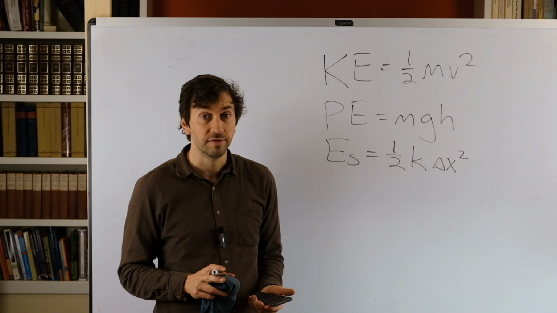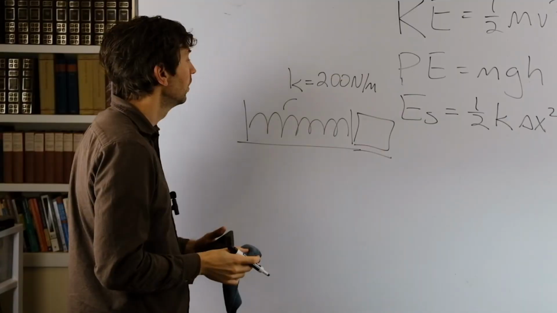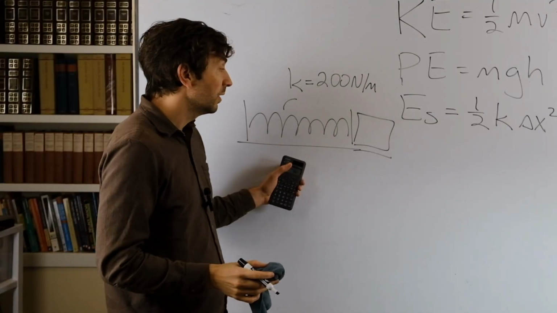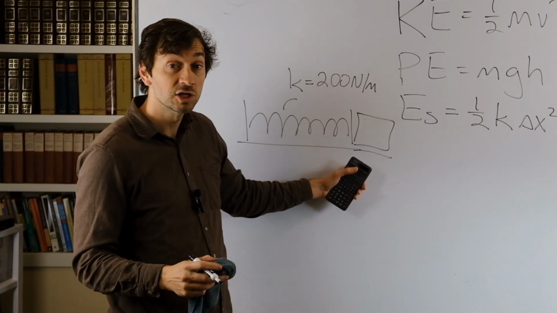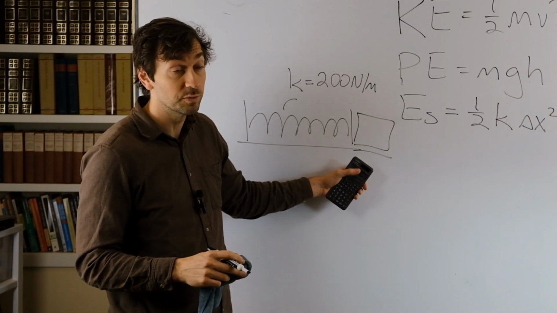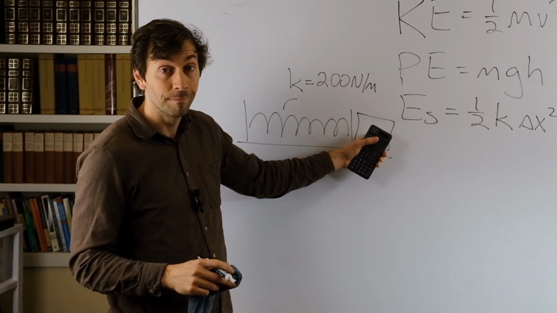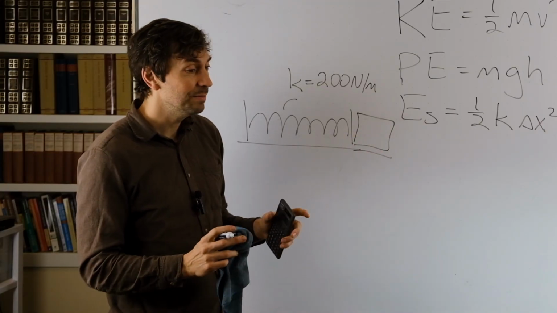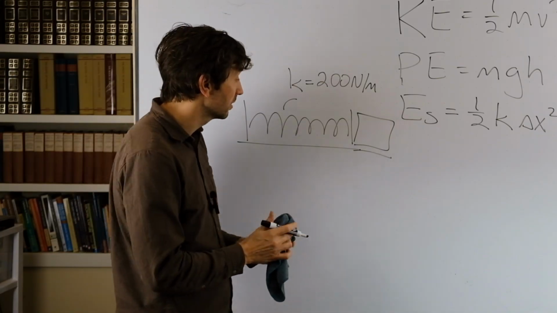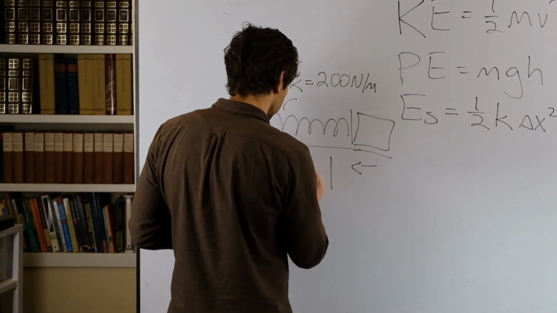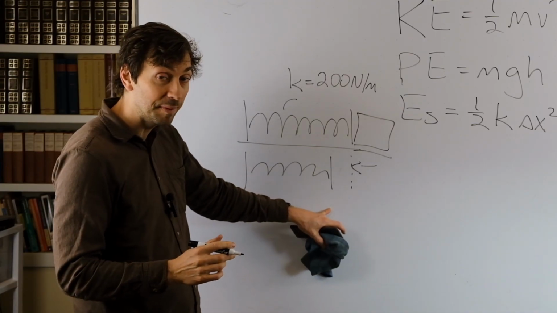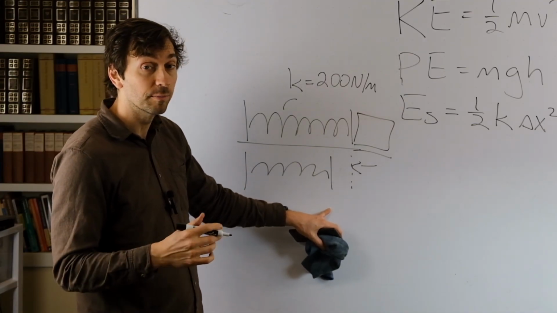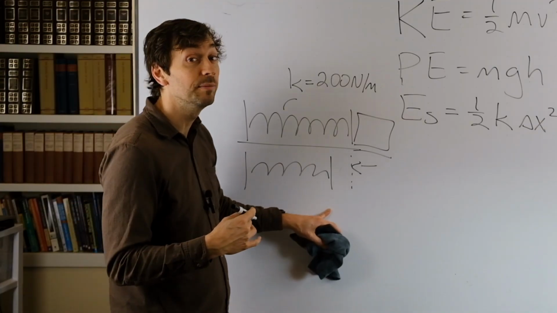Let's do an example of this. So here's a spring, and I gave it K, spring constant is 200 newtons per meter. There's some box on here, and somebody comes and pushes on that box. And they compress the spring backwards. Let's say they can compress it 15 centimeters.